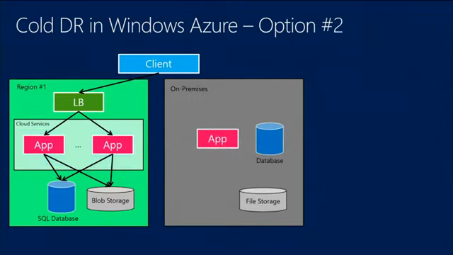Okay, so another option is, this one is actually taken from a customer. They have a solution running in the cloud. The solution is fully running on the cloud. And their DR strategy was, in that case, if that thing is out for 2 hours, I don't care. It's not important for the business.